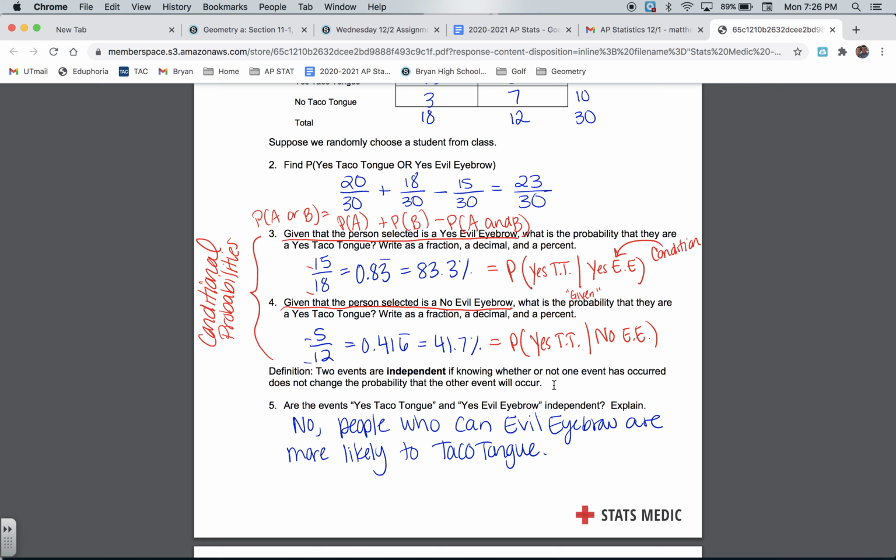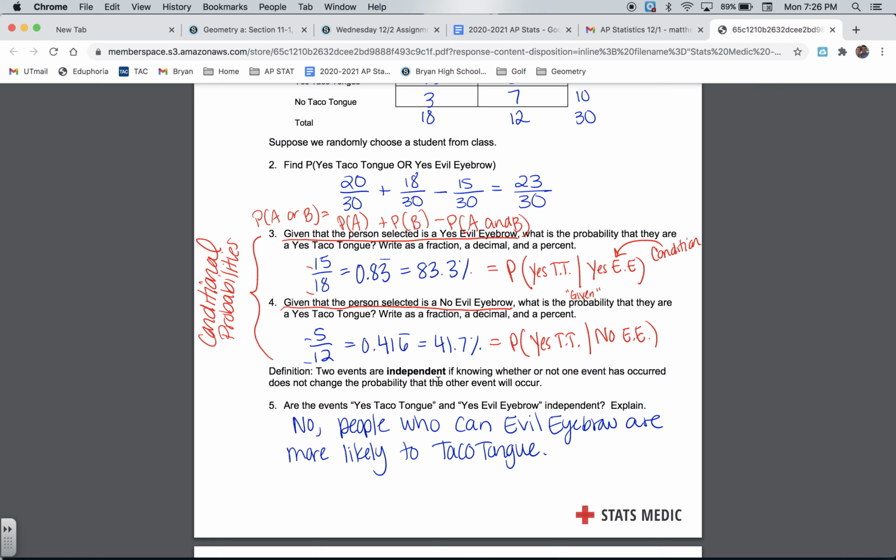Because if I flip a coin heads, the dice doesn't care whether the coin was flipped heads or tails. So if I flip a coin heads, there's still a 1 in 6 chance that I roll a 5 on my dice. So those events are independent.